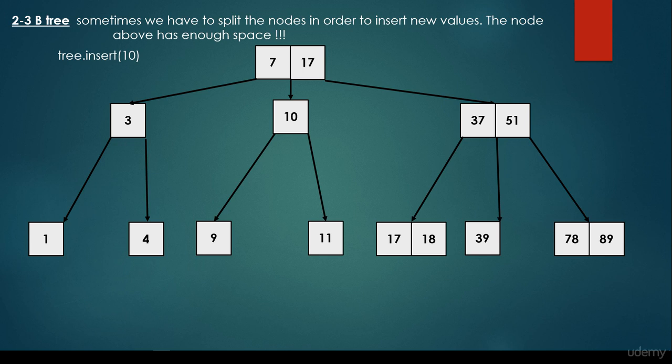It is balanced, so all of the leaf nodes are in the same level, all the left children are smaller, and all the right children are greater than the given keys. And of course, every node can contain at most 2 items, and every node can have at most 3 children. And in this situation, for this B-tree, it's absolutely true.